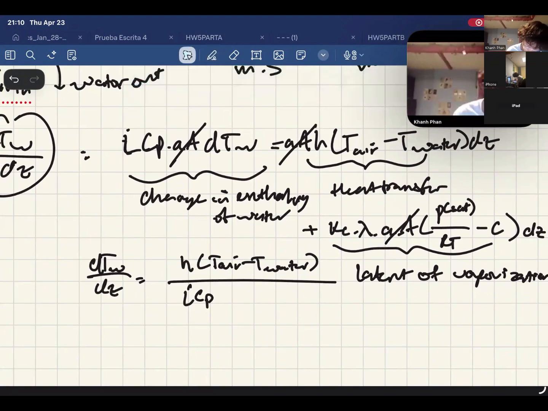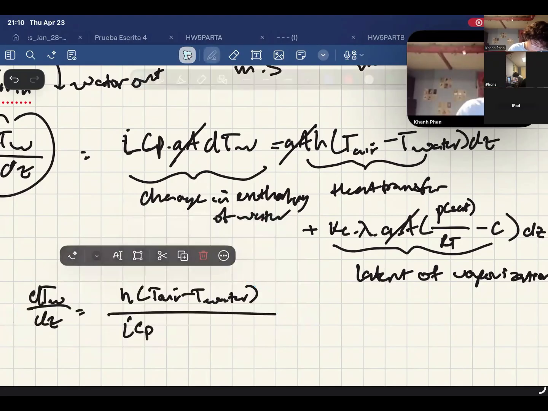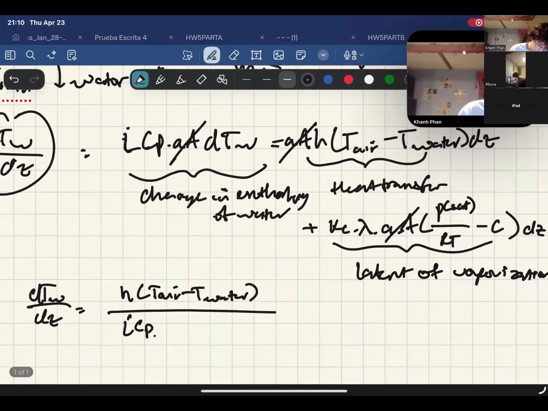And wait, yeah, let me just move this over here too. Oh, and I forgot, this is the heat capacity of water.